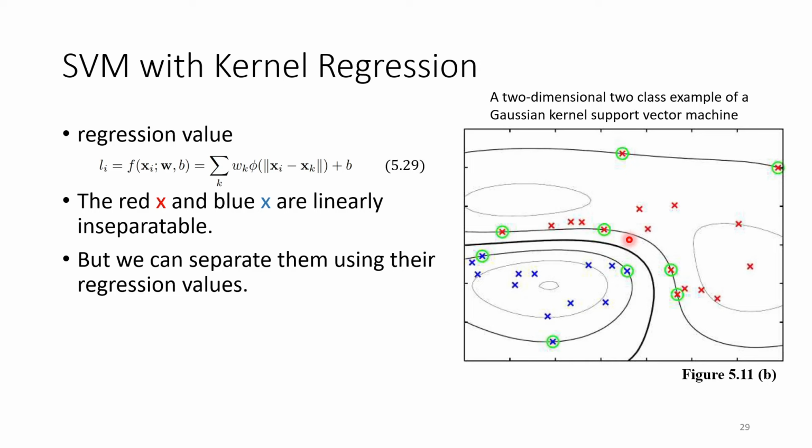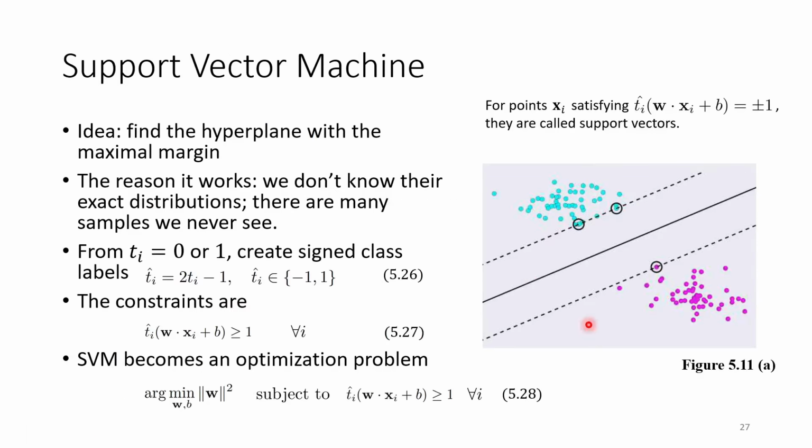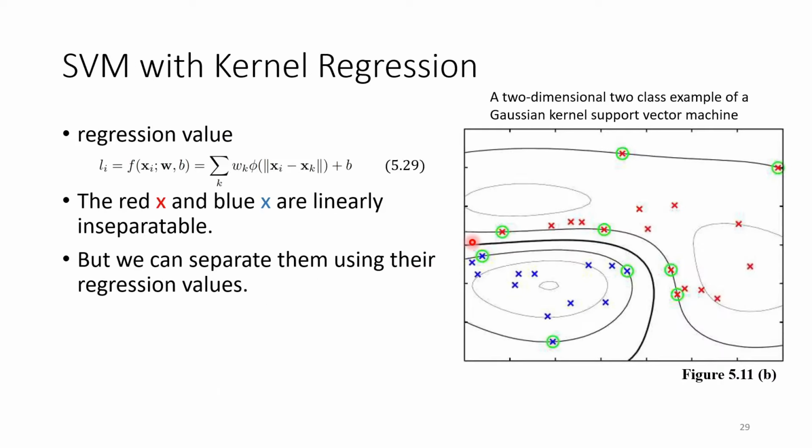When we map them back, here we find a straight line because this is a linear projection, but in the original space, the straight line becomes a curve like this. So the two groups become separable.